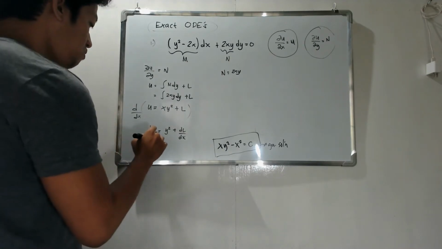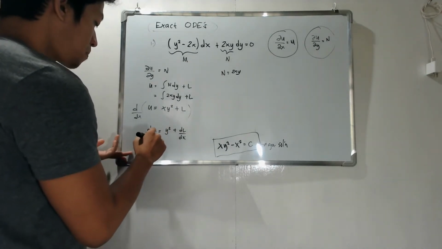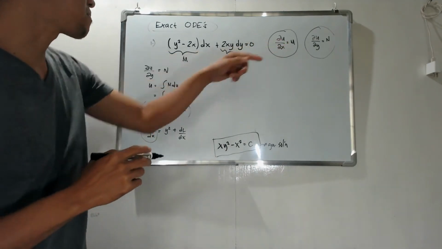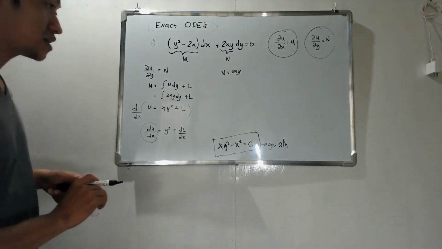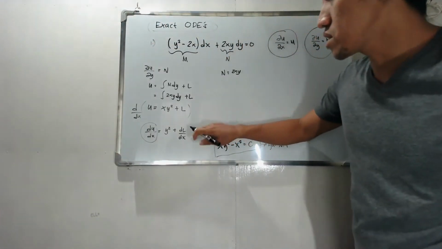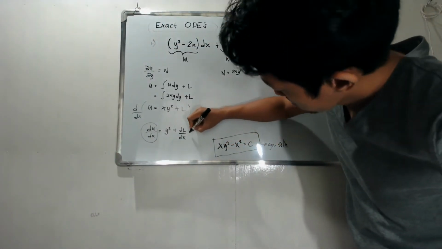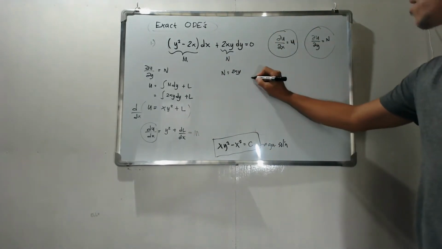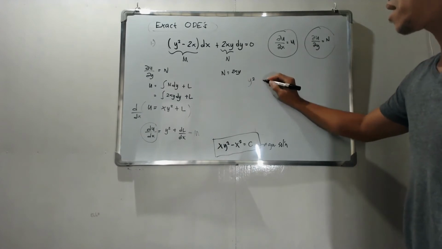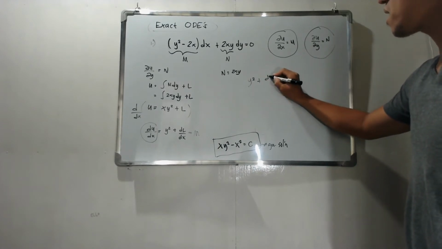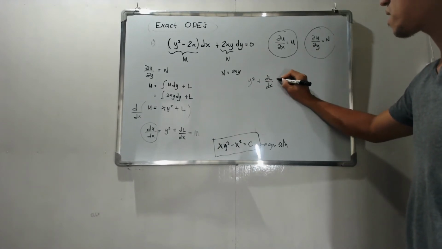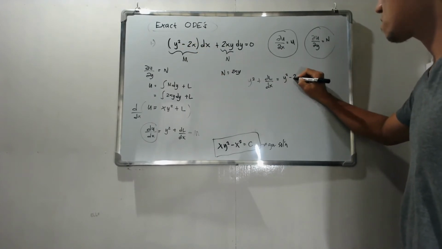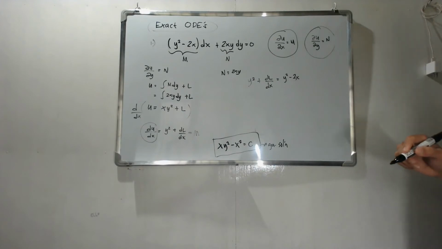Okay? And then that term is just equal to m. So we will equate this one to m. So you have y squared plus dL over dx. Your m is y squared minus 2x.